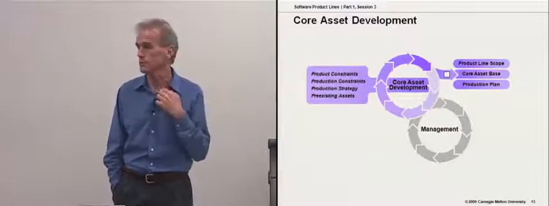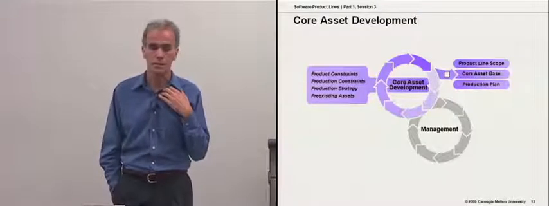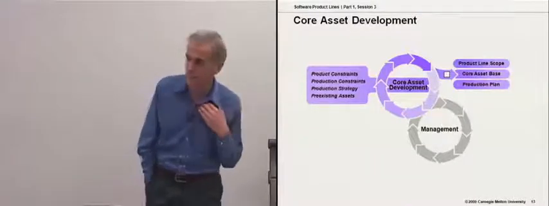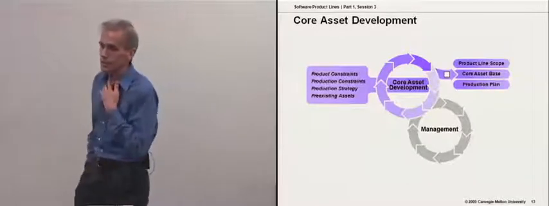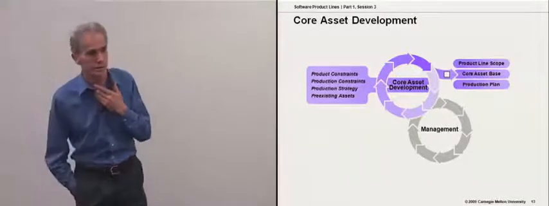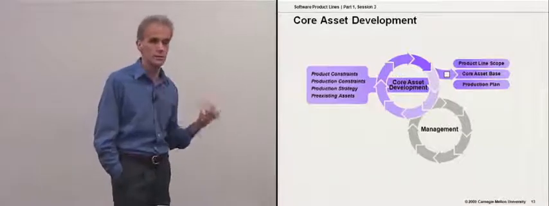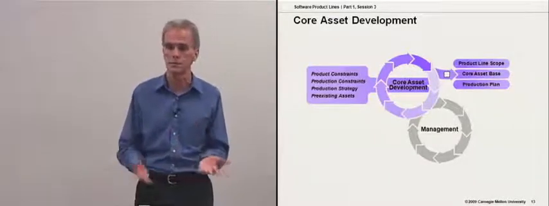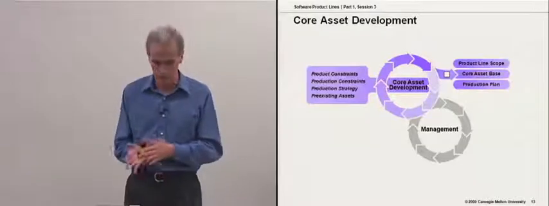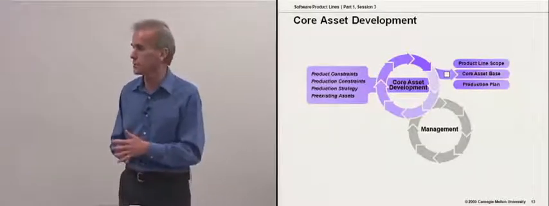You also have some production constraints, like exactly how many people do we have to do this, and how much money has been allocated for the product line effort, and what's the expected time frame by which we're expected to produce something useful. What's our production strategy?